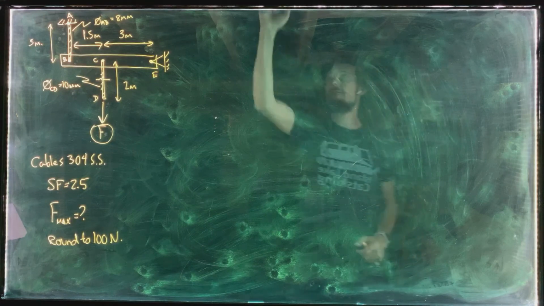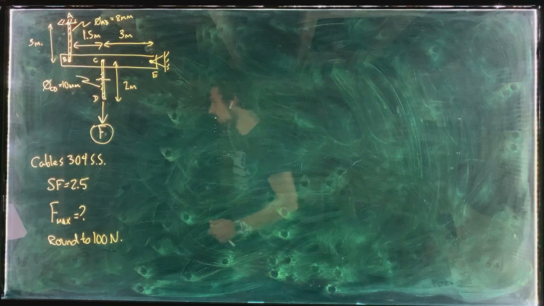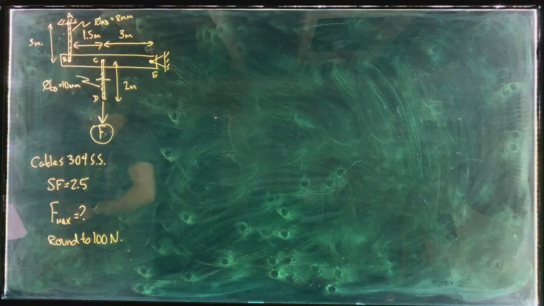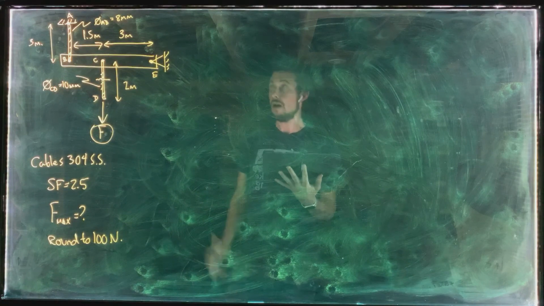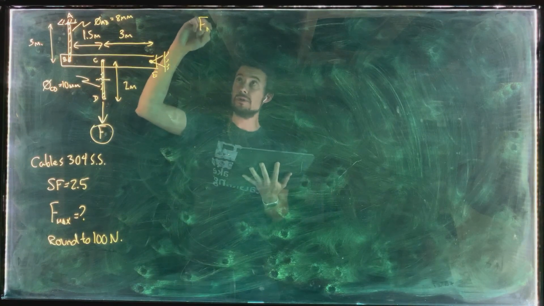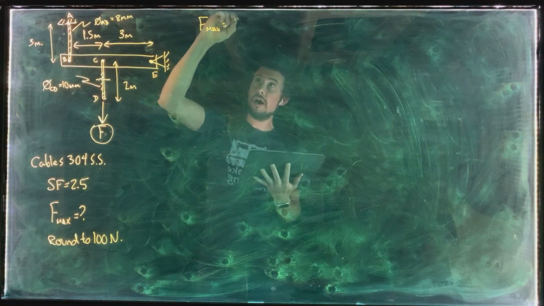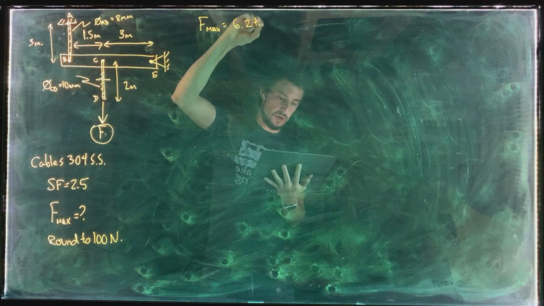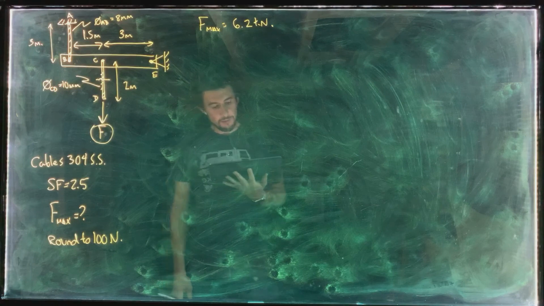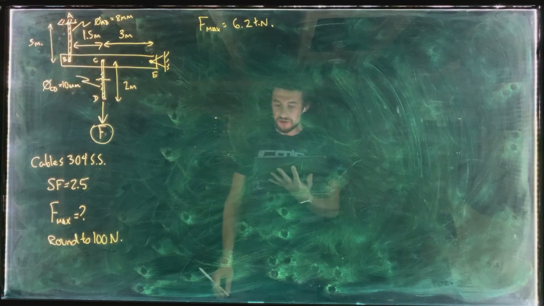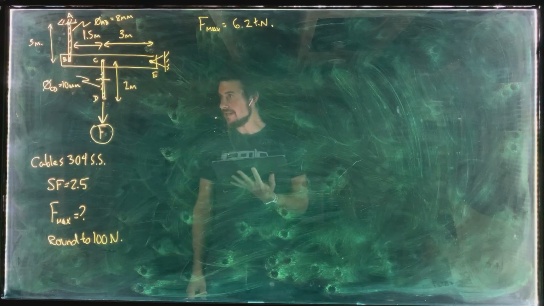Okay, so for the second part of the problem here, what we want is, when the maximum load calculated above, which was, I'll just put this up so we don't lose it, 6.2 kilonewtons, is applied, what is the vertical displacement of point D?